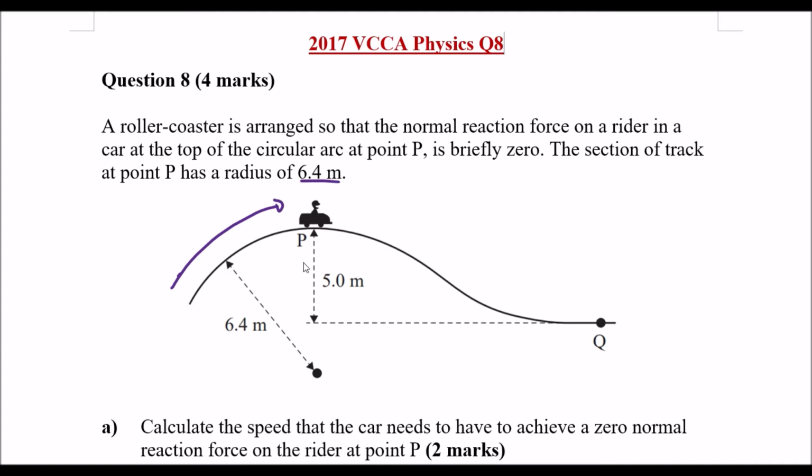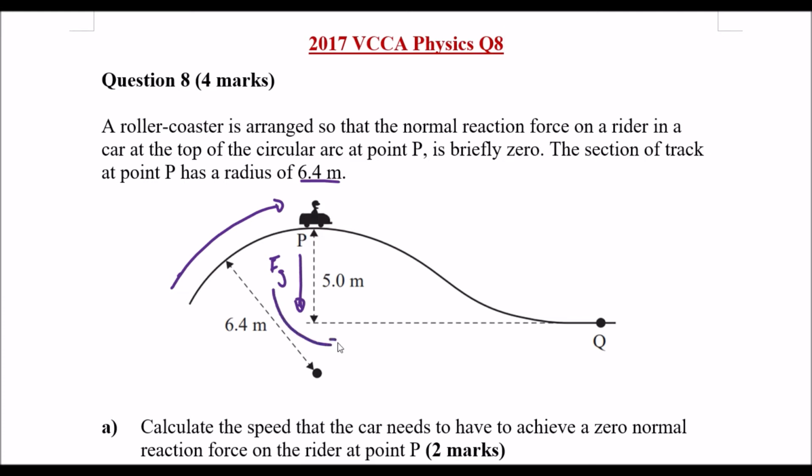So what's actually happening is there is the gravitational force only pulling our rider down. So our gravitational force in this example would be the only force acting on our roller coaster rider.